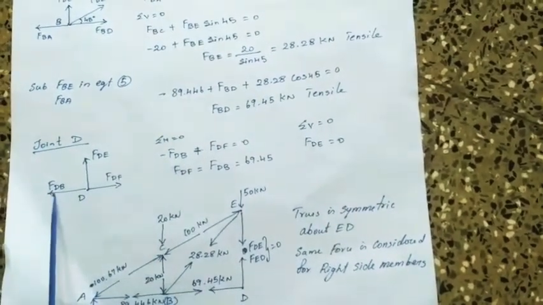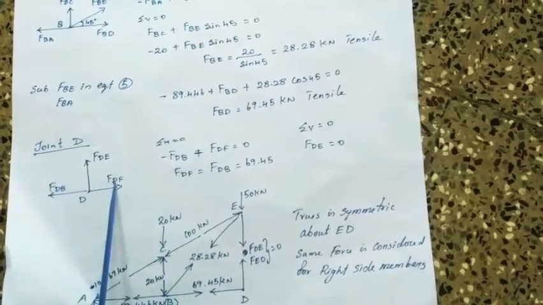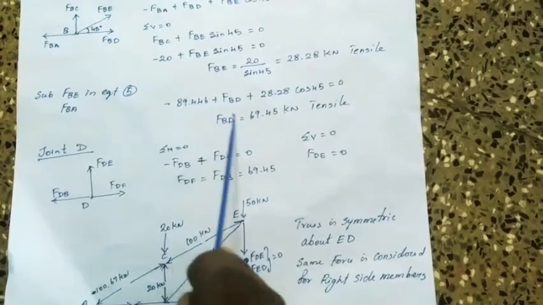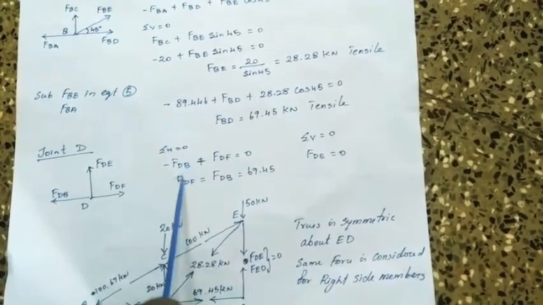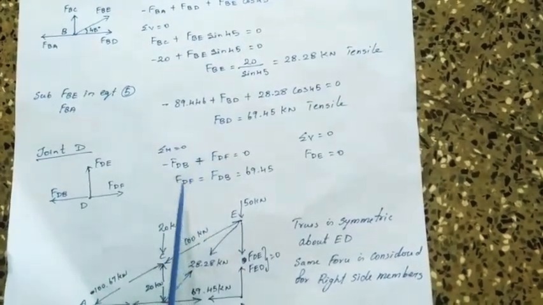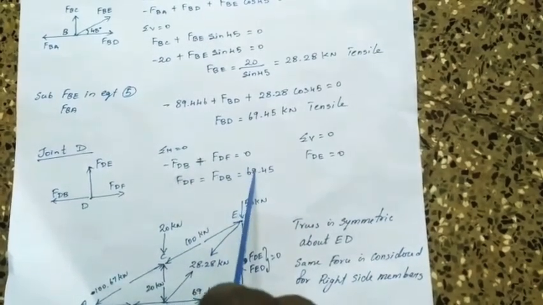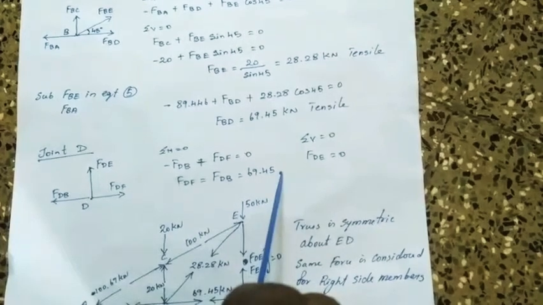So horizontal forces is minus FDB and plus FDF is equal to 0. We have this value FBD, which is equal to FDB, so you can substitute this value over here. You can get FDF is equal to FDB, which is equal to 69.45 kilonewton.